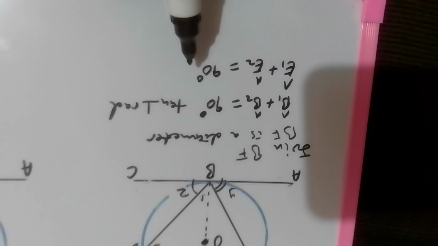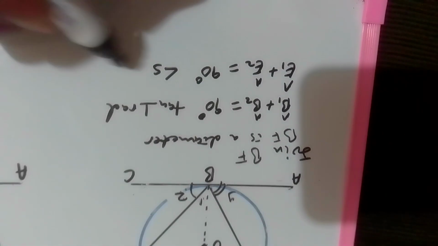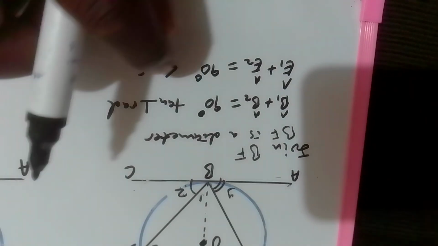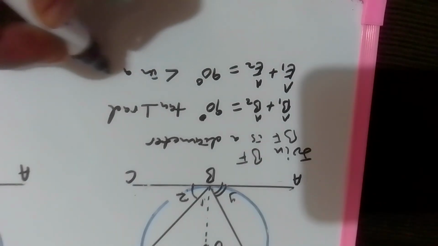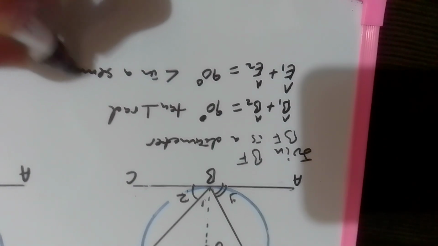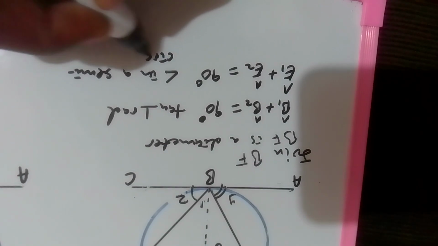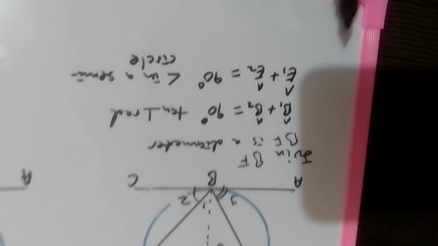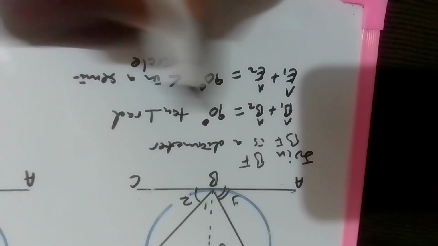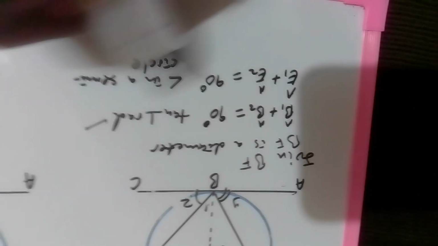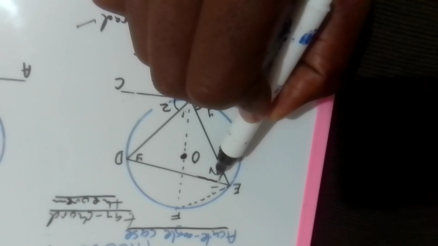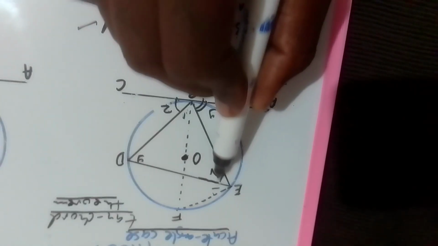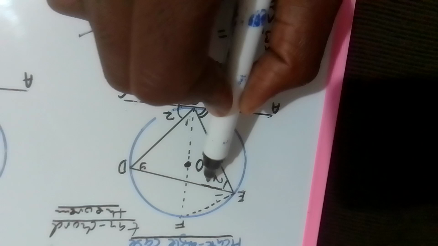To 90 degrees. And my reason: angle in a semicircle. So I've got two reasons here, first reason and second reason. I have proven that this entire angle B1 plus angle B2 is equal to angle E1 plus E2 also.